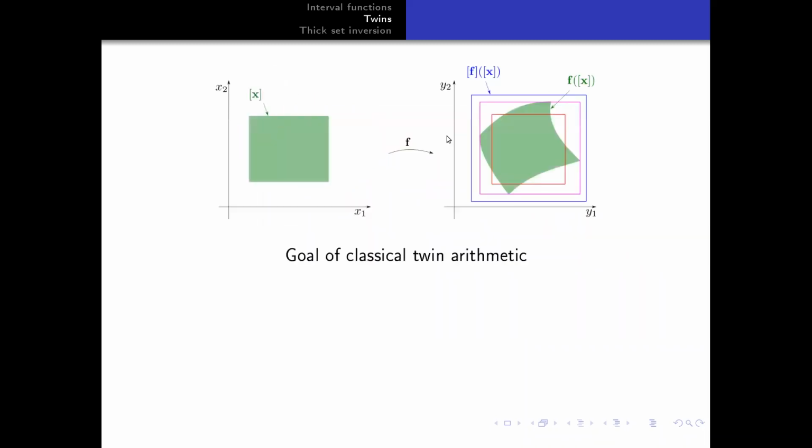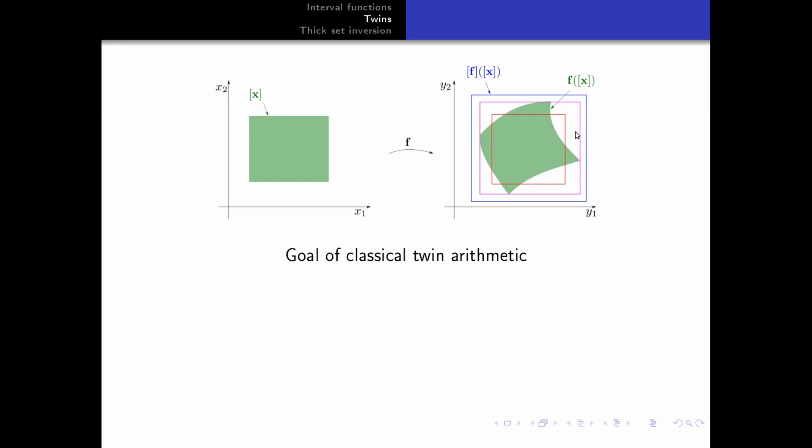But if I try to see in a higher dimension, I have a box X, and if I compute the image by a known function f, I will be able to draw it like this in green. If I use classical interval arithmetic, I obtain the blue. So there is some pessimism. If I use twin arithmetic, usually I obtain the red. And the magenta is exactly the one I would like to compute in the ideal situation.